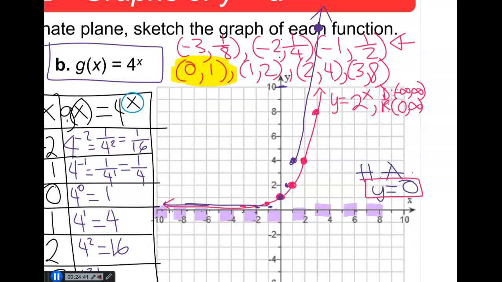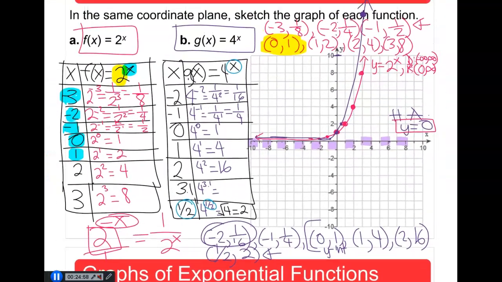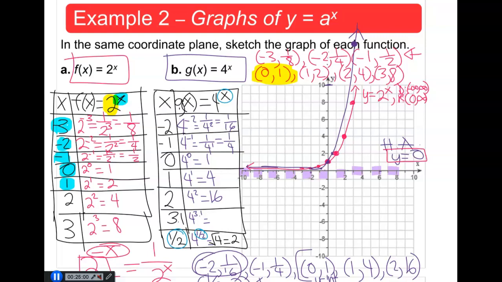Okay, I'm going to try to graph this again. Okay, and so not the best graphing here. But I wanted to show you how you can actually find them.